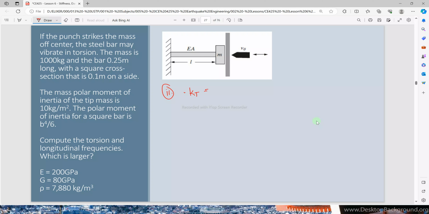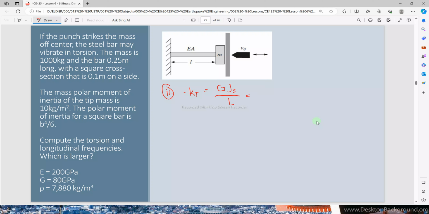As we discussed last time, that is equal to the modulus of rigidity times the polar moment of inertia over the length.